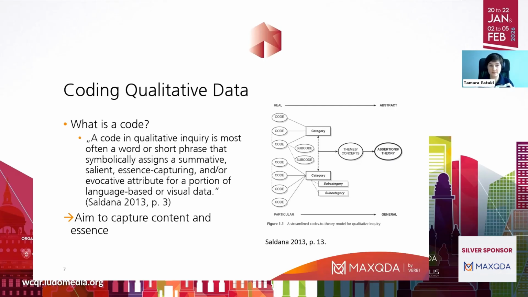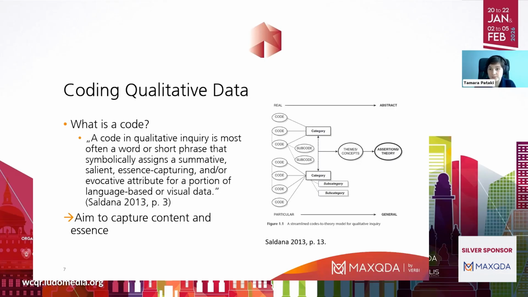So he talks about something that captures the essence of a particular piece of your data, for example, a particularly relevant section of an interview. So the aim here is to capture the content and describe the essence of your piece of qualitative data.